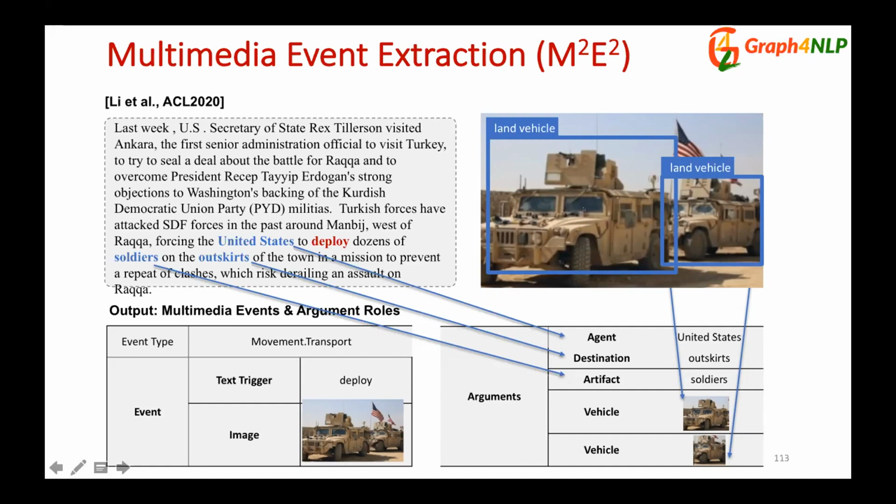This object plays the role of vehicle or instrument or artifact in this movement event. To represent this more precisely, we can leverage this kind of semantic graph to figure out the situation of this image, and then align that semantic graph with what we can extract from the text side.